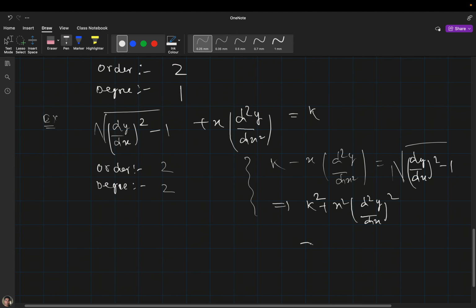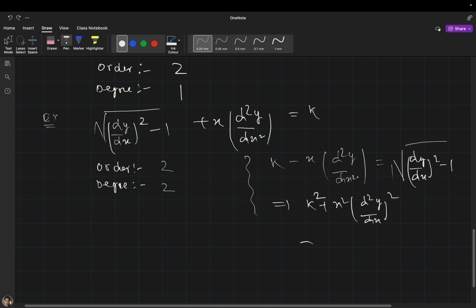Plus the first order derivative. I mean, you can also write minus 2kx d2y by dx square equal to (dy by dx) square minus 1. So you can clearly see that now the degree is what? 2. So 2 is the answer, not 1.